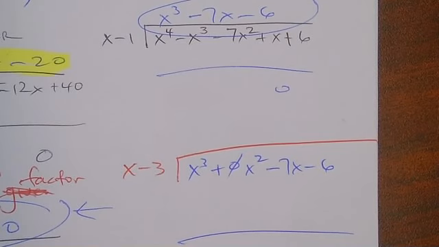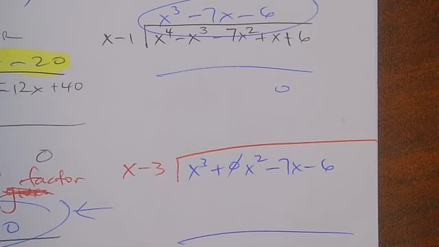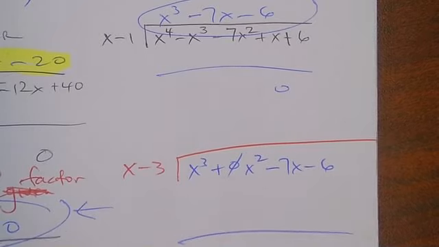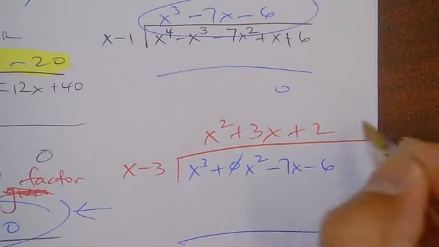But I'm going to do it real quick. Over here. And that would be 1, 0, negative 7, 6. So that's 1, 3, 2, 0. Is that correct?